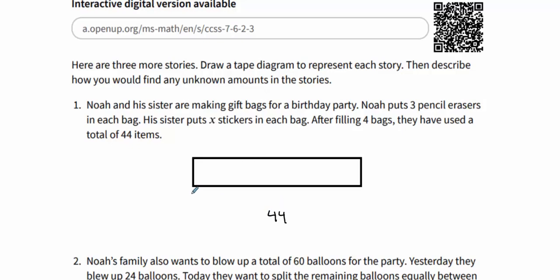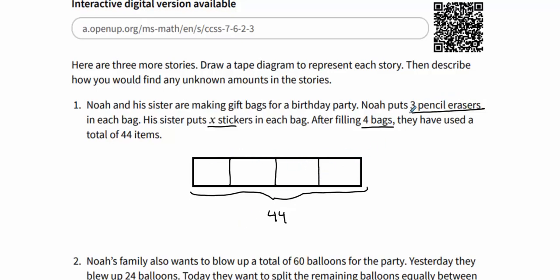So this is my total here. And they have 4 bags where Noah puts 3 erasers and his sister puts X stickers. So we have 4 bags with the same number of items in them. So I'm going to make 4 equal parts, and each one of these parts represents a bag.